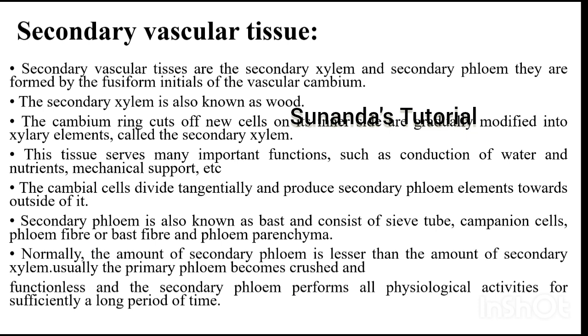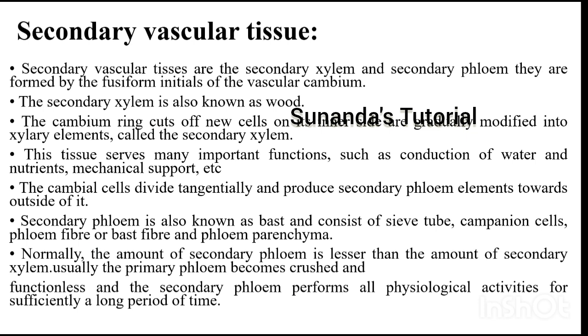The cambial cell divides tangentially and produces secondary phloem elements towards the outer side. That secondary phloem is called the bast, consisting of sieve tube, companion cells, phloem fiber or bast fiber, and phloem parenchyma. Normally the amount of secondary phloem is less than the amount of secondary xylem.